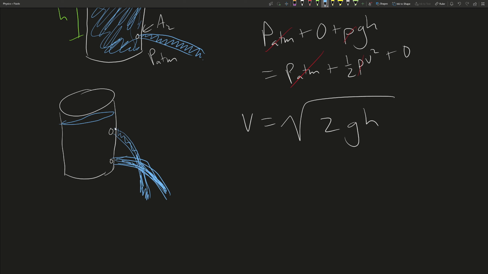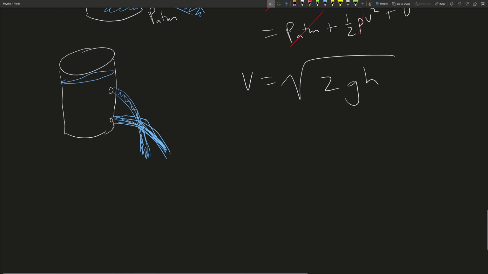So the exit velocity of the stream is proportional to the square root of the height of the outlet underneath the surface of the water.